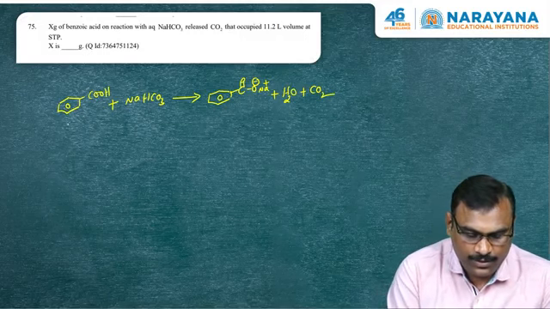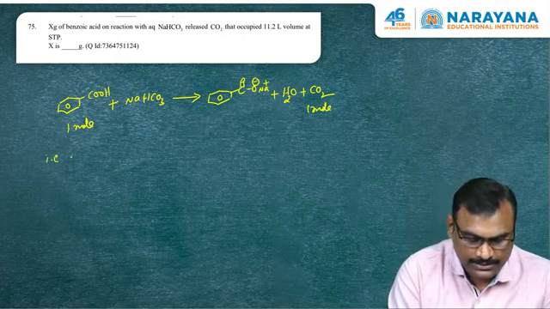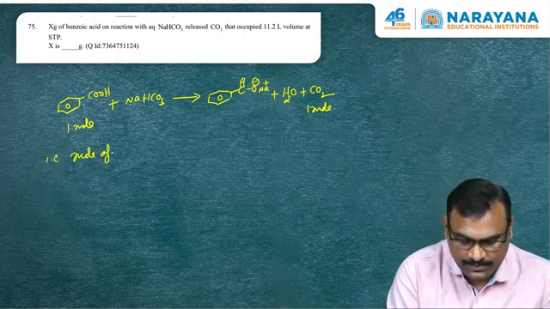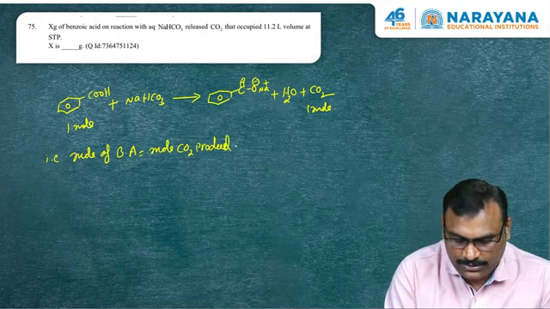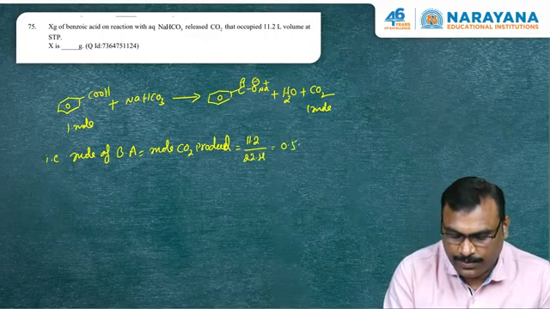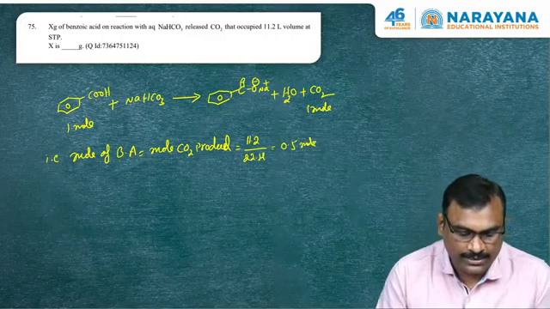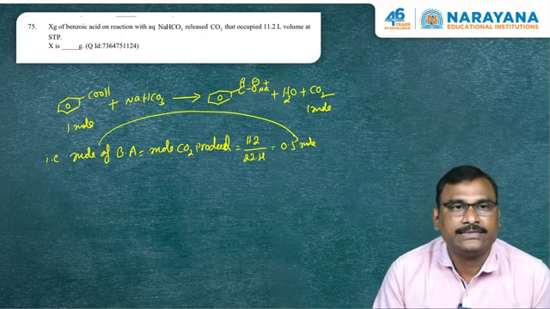Here 1 mole of benzoic acid gives 1 mole of CO2. That is, moles of benzoic acid is equal to moles of CO2 produced. The moles of CO2 produced is 11.2 by 22.4, that is 0.5 moles. That is also equal to the number of moles of benzoic acid.